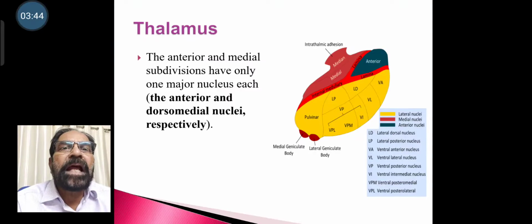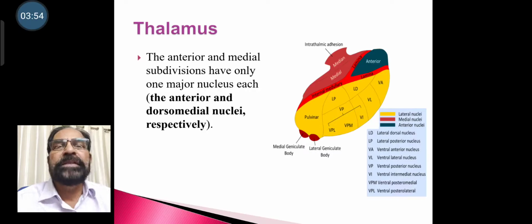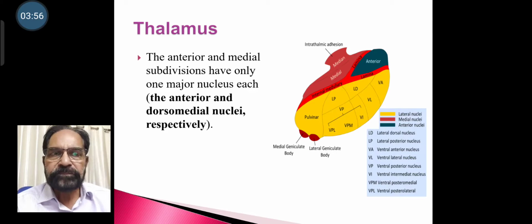The anterior and medial subdivisions have only one major nucleus each, that is the anterior nucleus and the medial or dorsomedial nucleus respectively.